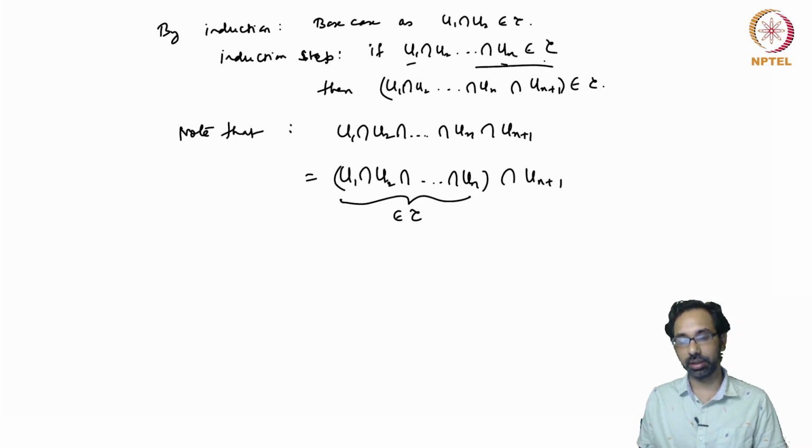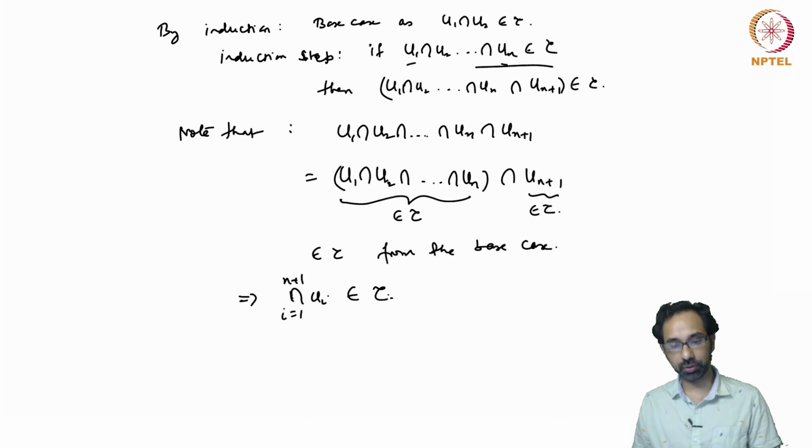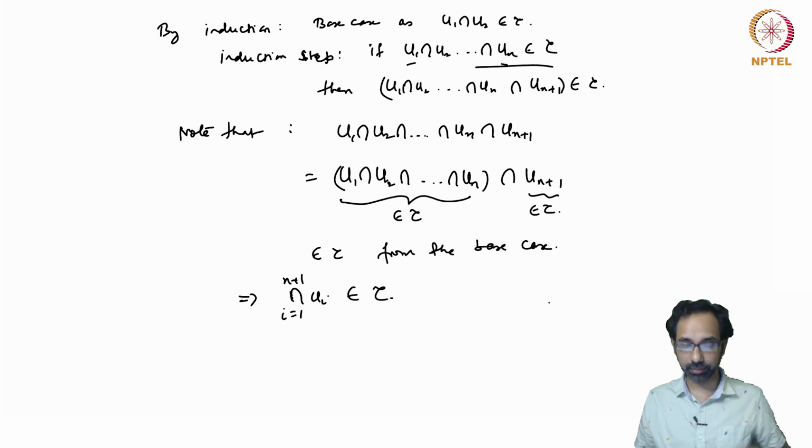Okay, this is what the induction step hypothesis is, and this also belongs to tau. And we have shown from the base case that the intersection of two elements belongs to tau. So this implies that the intersection i equal to 1 to n plus 1 of Ui belongs to tau. So finite intersections can be handled just by taking an induction argument.